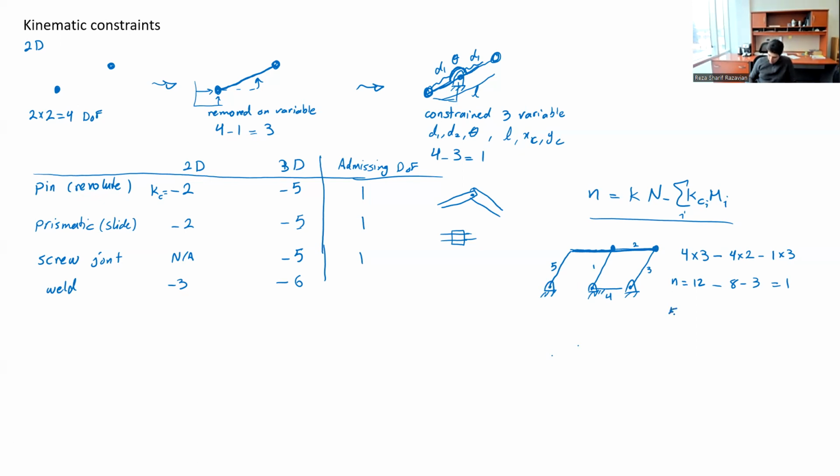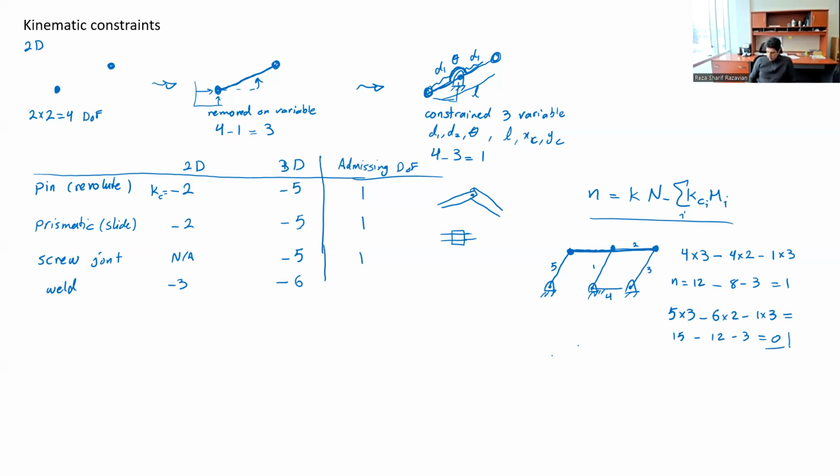Now I have 5 times 3. This is a pin joint, 2. Minus, I have 1, 2, 3, 4, 5, 6, so 6 times 2. Again, minus 1 times 3 for the ground. So how much is that? That one is 15 minus 12 minus 3 equals 0.